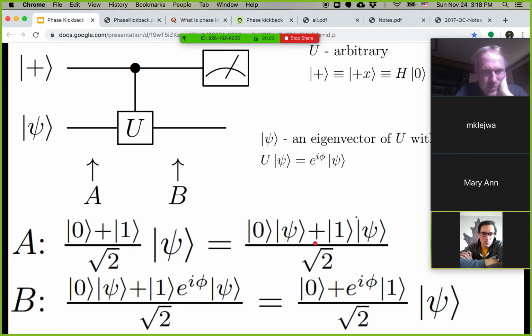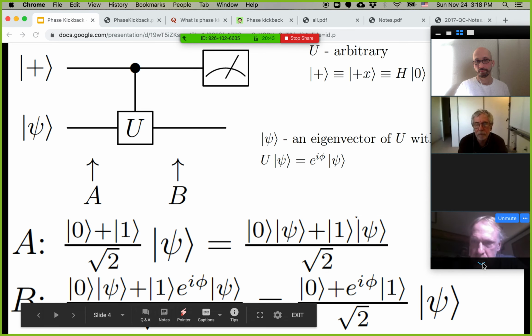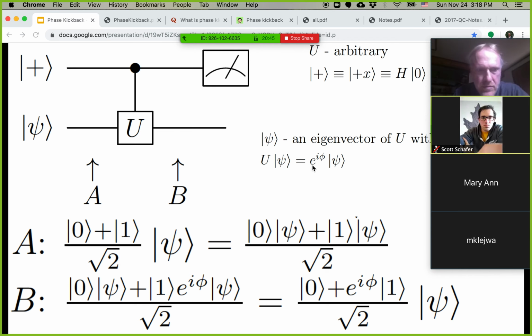So by definition, applying U to state psi is the same as multiplying it by some number. So we're going to multiply by e to the i phi.